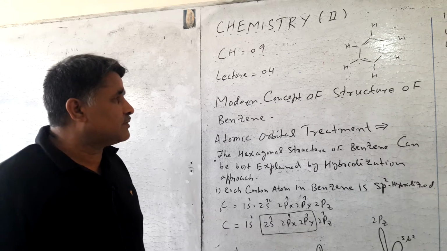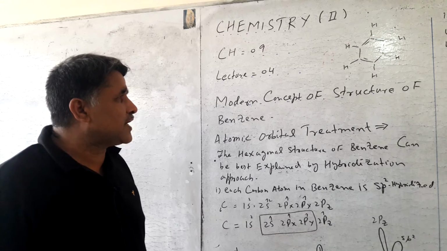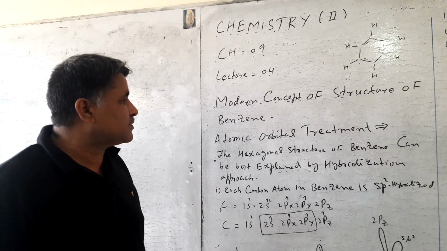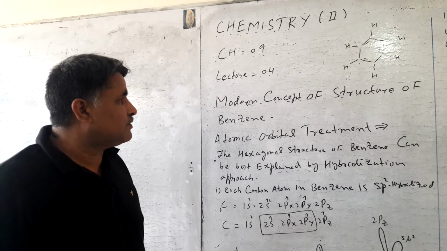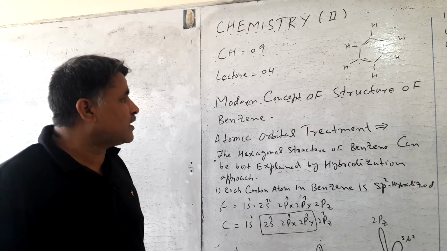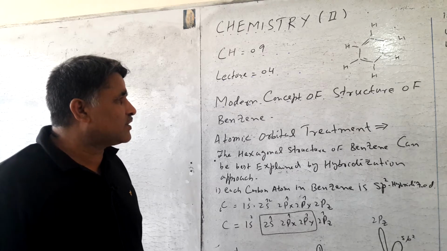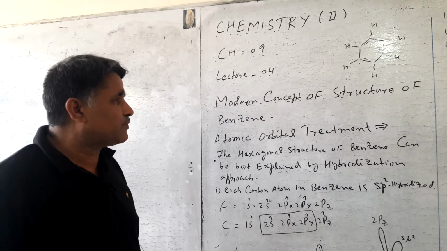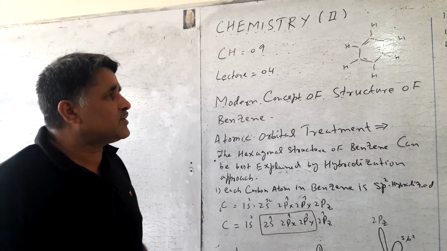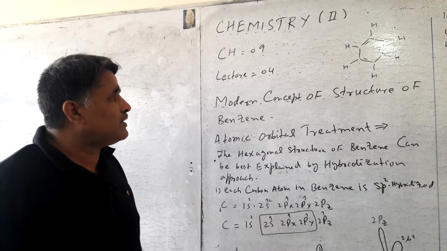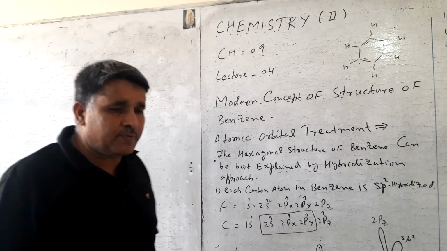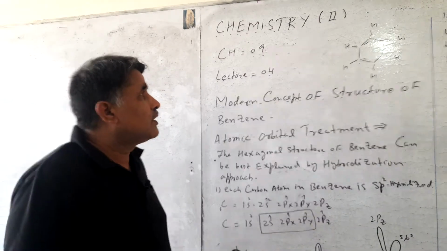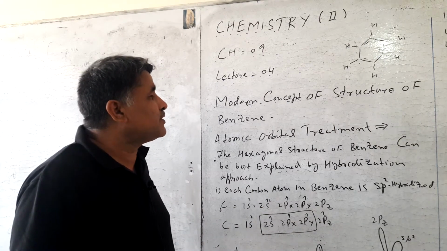The structure of benzene can be best explained by modern concepts, which are the atomic orbital treatment of benzene, the hybridization approach, and the resonance concept about the structure of benzene. In this lecture, we will explain the structure of benzene on the basis of atomic orbital treatment.